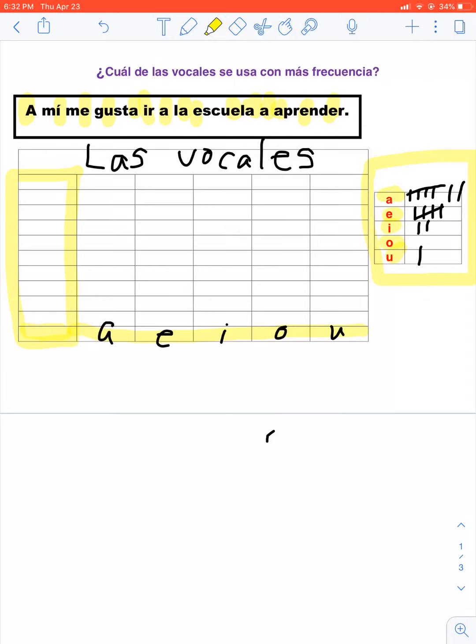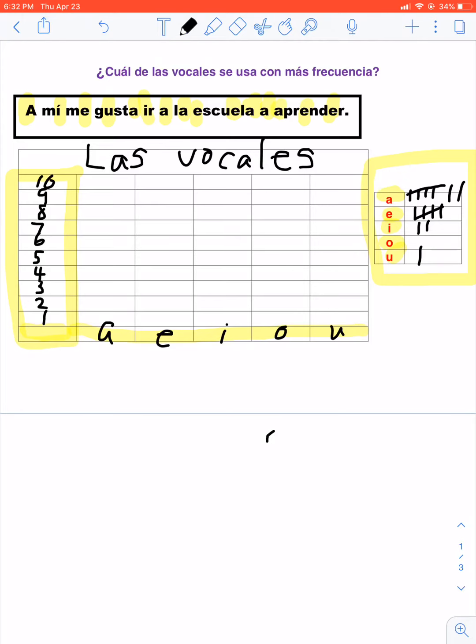You would start in the next box, and that would be 1, 2, 3, 4, 5, 6, 7, 8, 9, 10. Okay, so now our graph is ready to be filled in.